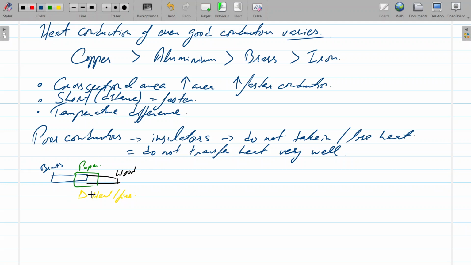When they put the flame right under the paper that is covering the brass, the paper does not burn. The reason they give is that brass is a good conductor of heat, so as soon as the flame is under the paper, that energy is quickly transferred along the piece of brass, and so it's taken away from the paper.